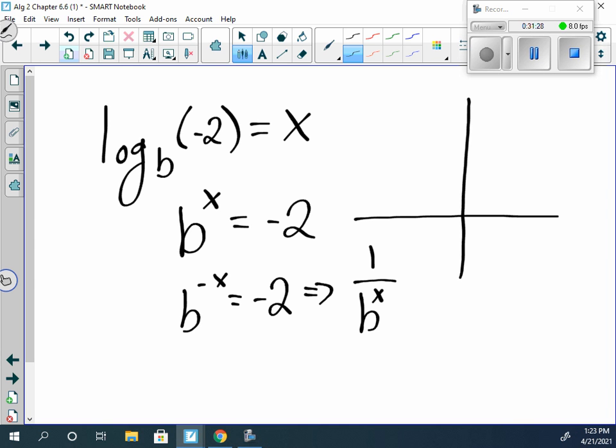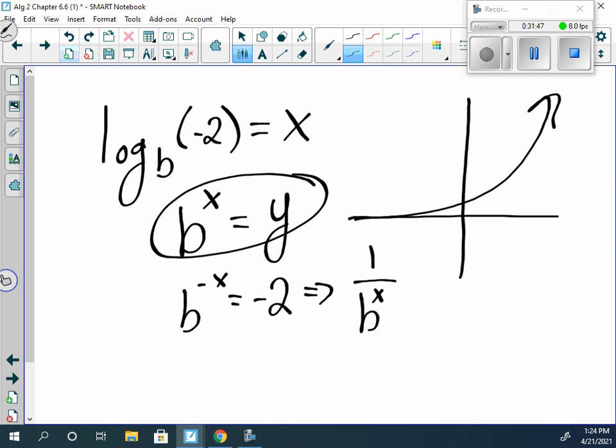And if we looked at it graphically, if we remember back when we first started talking about exponential growth and decay, that b to the x never went below 0 unless we subtracted something from it. So if b to the x equals y, it never drops below 0, so that means it can never be equal to a negative number.